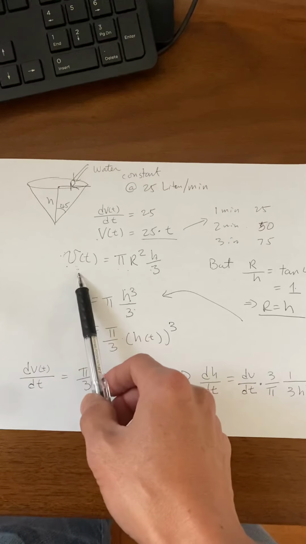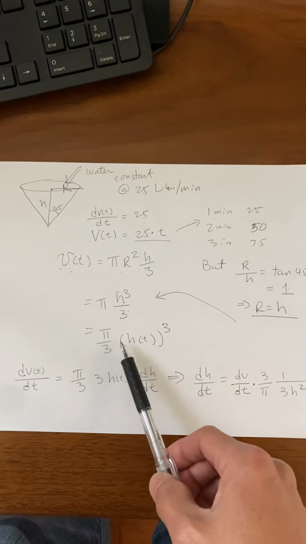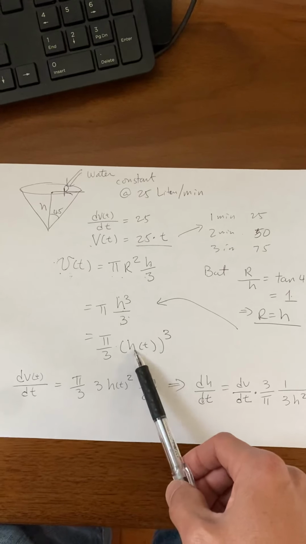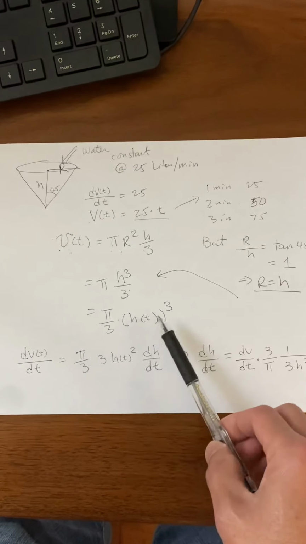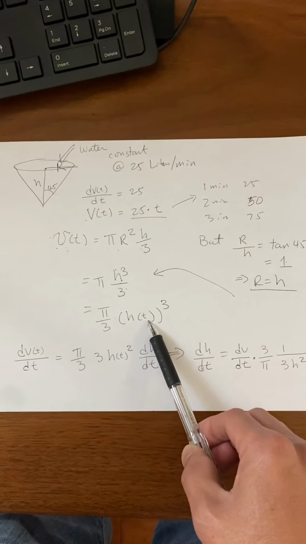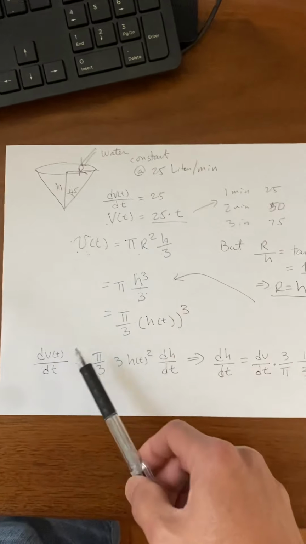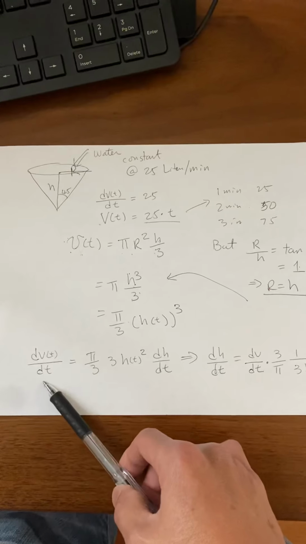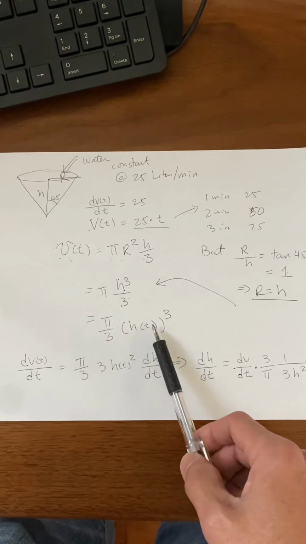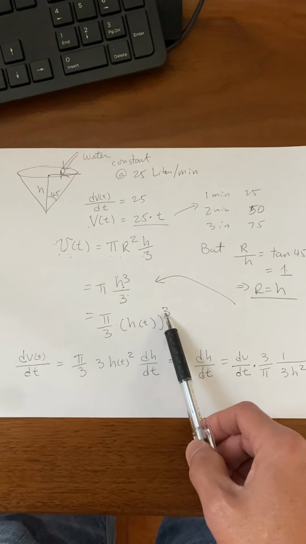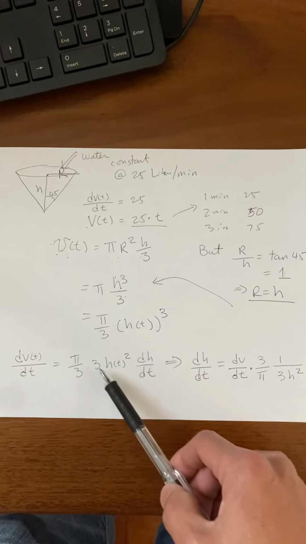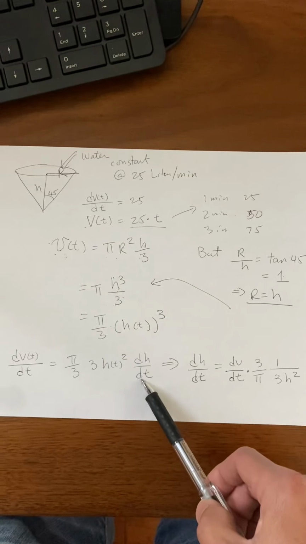So V(t) at a given time equals pi over 3 times height to the third power at that same time, right? Now, since we know dV/dt, which is 25, you take the derivative on both sides. dV/dt, which is 25, equals, this is like a variable to the third power, so the derivative is 3 times h squared times dH/dt.